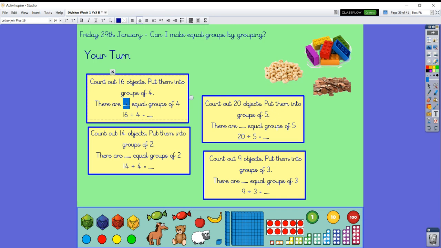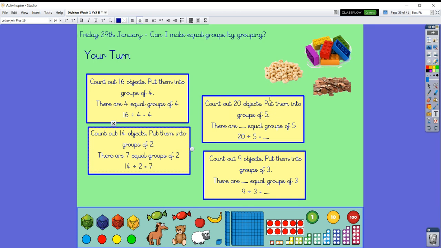Brilliant. So when you grabbed your groups of 4, you had 16 objects and you had 4 equal groups of 4. So 16 objects into groups of 4 gives us 4 groups. We had 14 objects. I wanted you to grab them in groups of 2. So there are 7 equal groups of 2. So 14 objects into groups of 2 gives us 7.